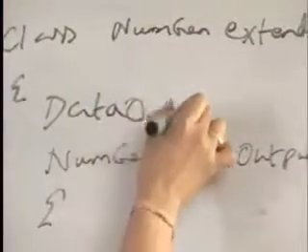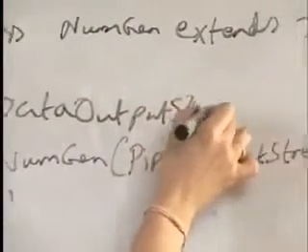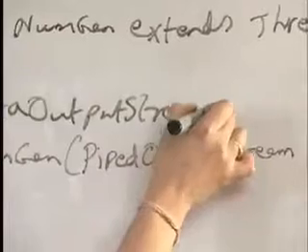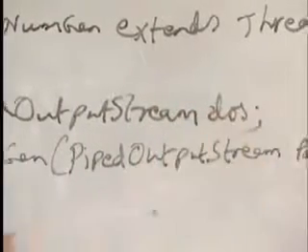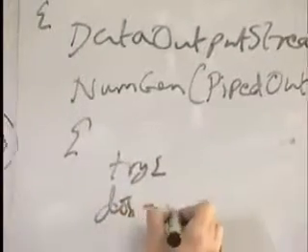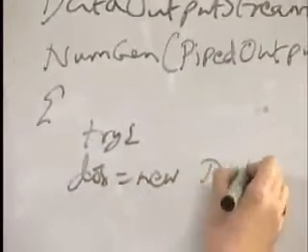DataOutputStream dos is new DataOutputStream. Again, remember, the data output stream cannot stand by itself.